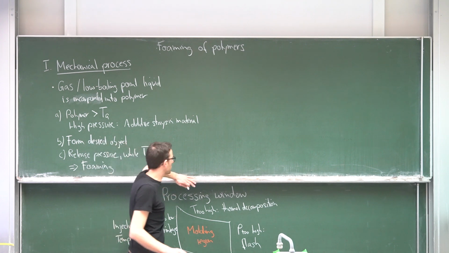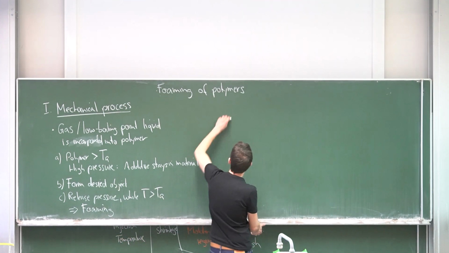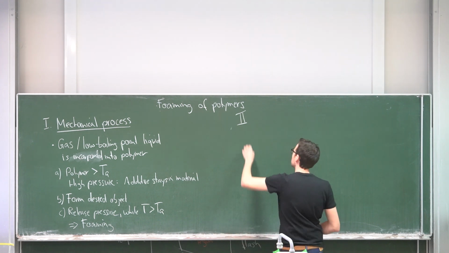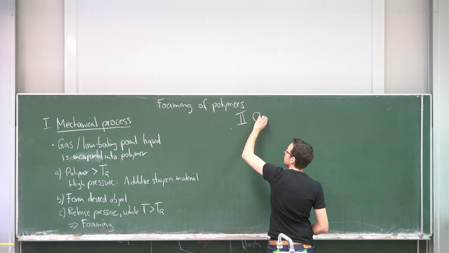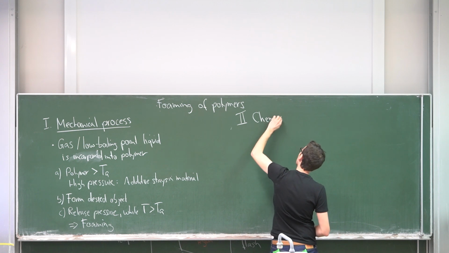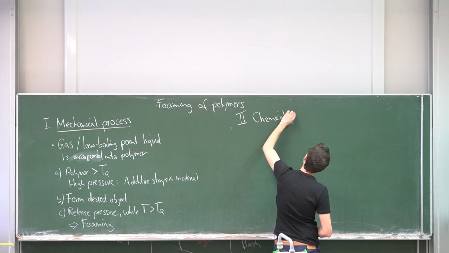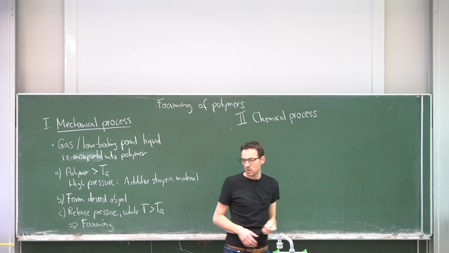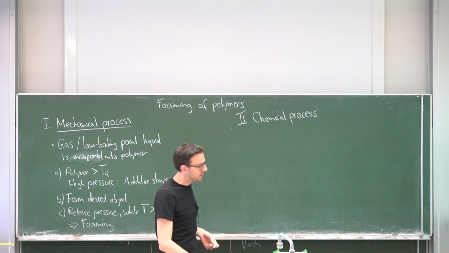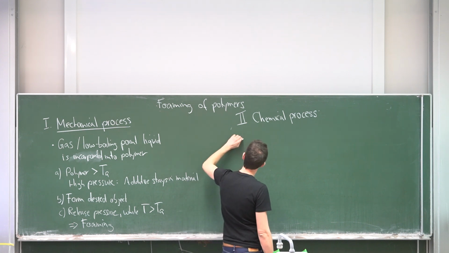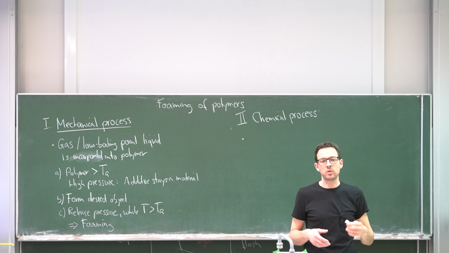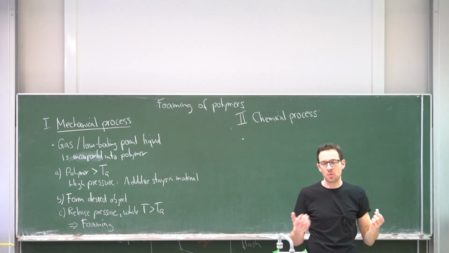So what's the second process? We can do it mechanically, we can also do it chemically. So the key is we need to somewhat incorporate a functional unit that can be converted into a gas upon a certain trigger.